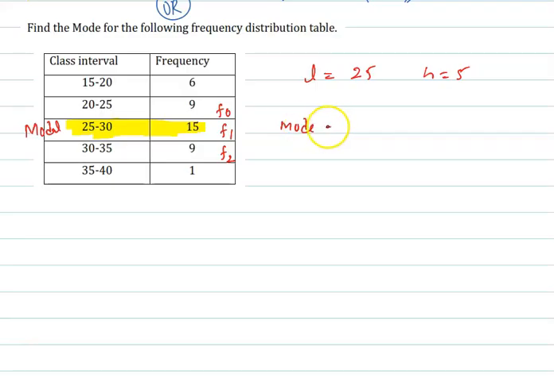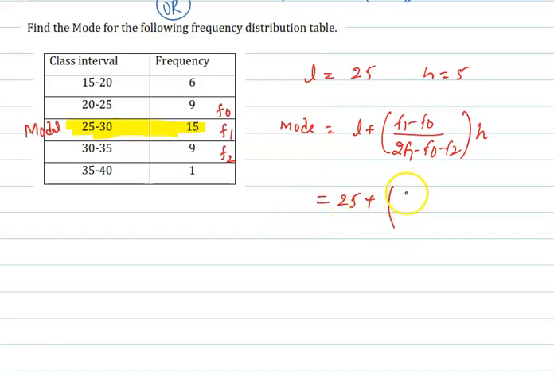Mode is equal to, what is the formula? L plus f1 minus f0 divided by 2 f1 minus f0 minus f2 into h. This is the formula to find out the mode. L is 25, f1 minus f0 is 15 minus 9, 2 into f1 is 30, f0 is 9, minus f2 is 9, into h is 5.